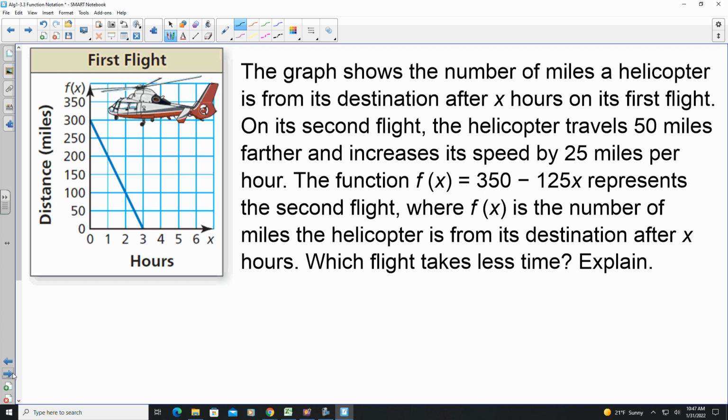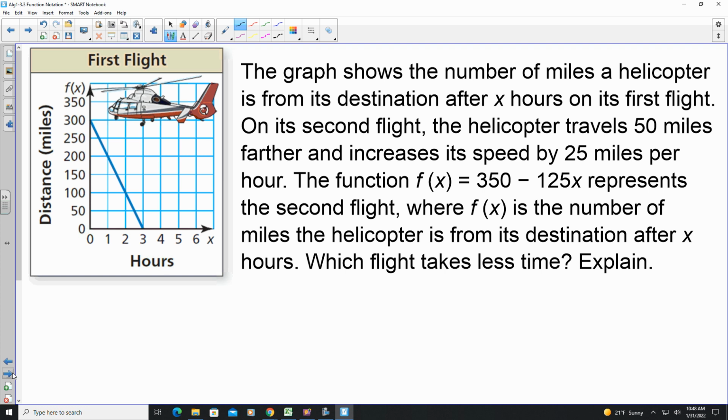So here we have a graph which talks about, looks like, helicopters. It says the graph shows the number of miles a helicopter is from its destination after x hours on its first flight. On its second flight, the helicopter travels 50 miles further and increases its speed by 25 miles per hour.